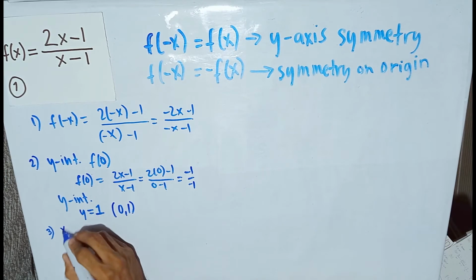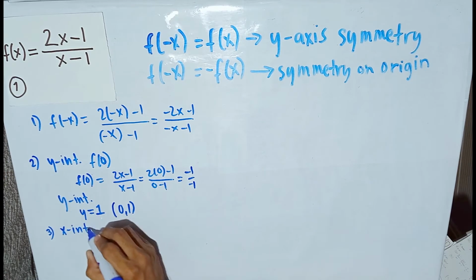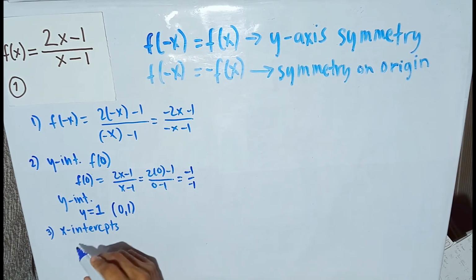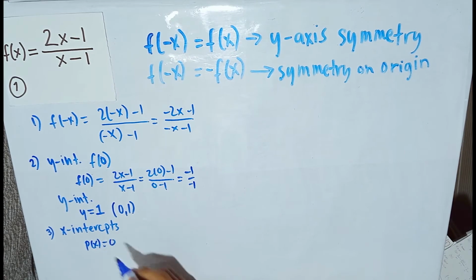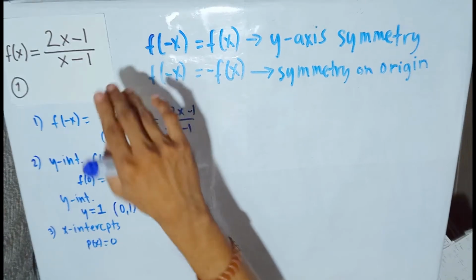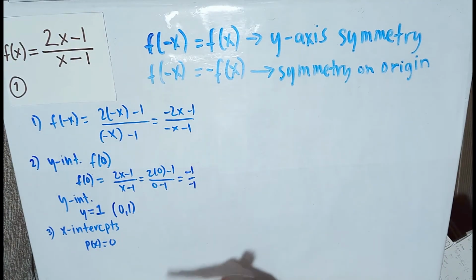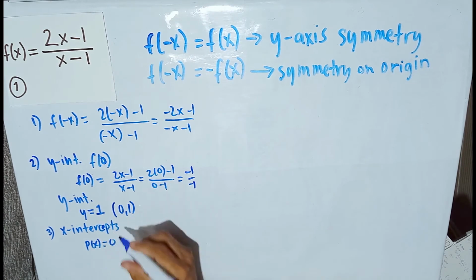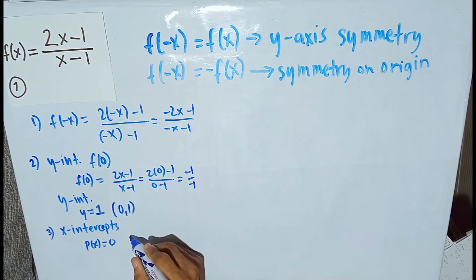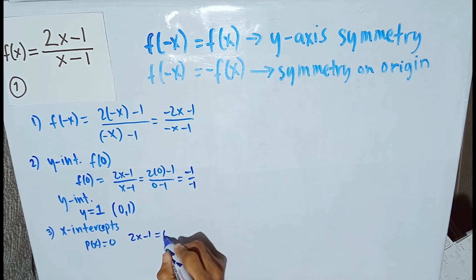Next, number 3, we have the x-intercept. Ito yung mga zeros. So we have p of x equals to 0. Kailangan nating i-equate yung p of x. So our p of x here is 2x minus 1 because the numerator is p of x, and sa denominator naman, we have q of x. So dito muna tayo sa p of x. We have 2x minus 1, equate that to 0.